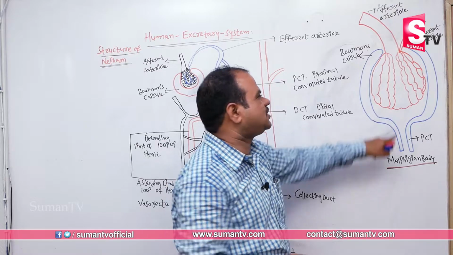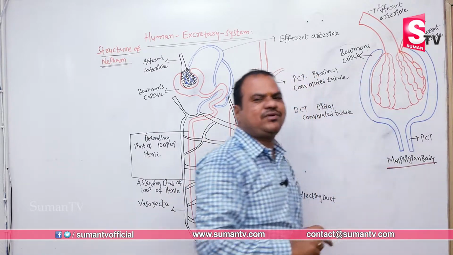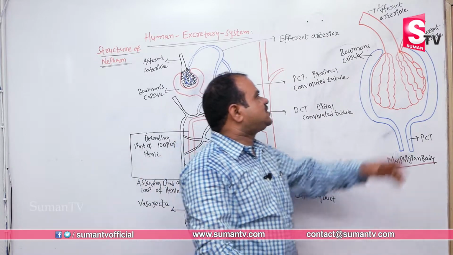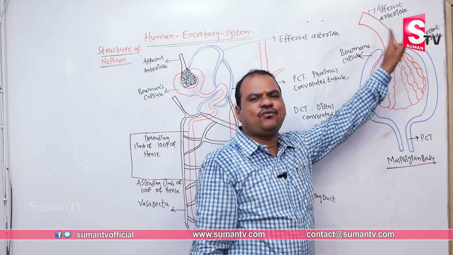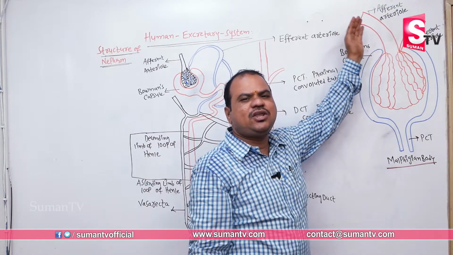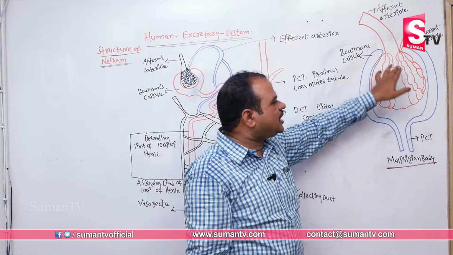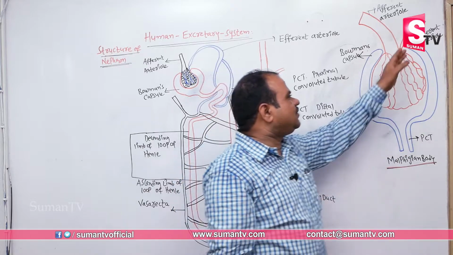In the Bowman's capsule, look here, we have the afferent arteriole and the efferent arteriole.